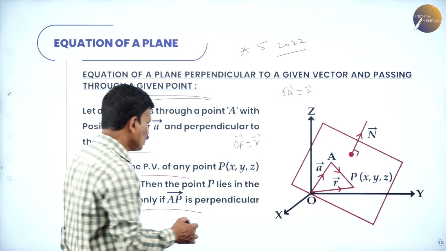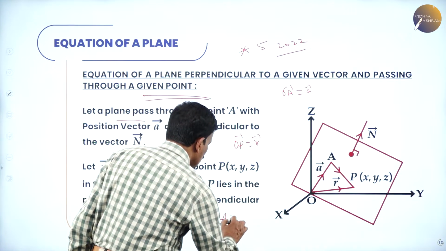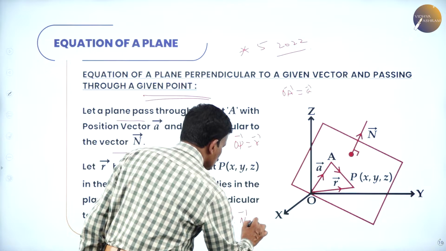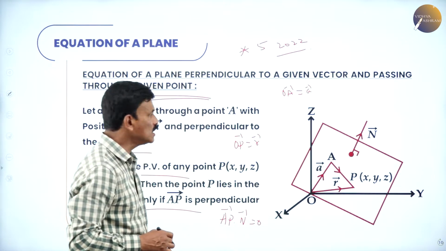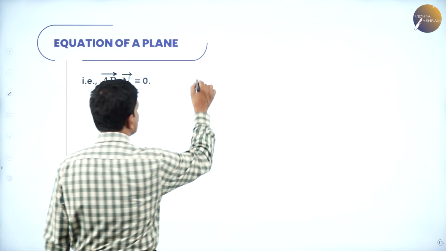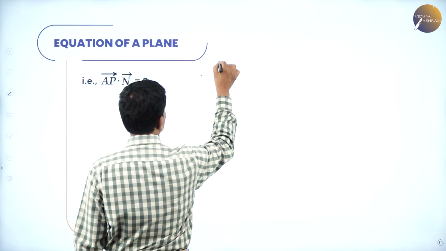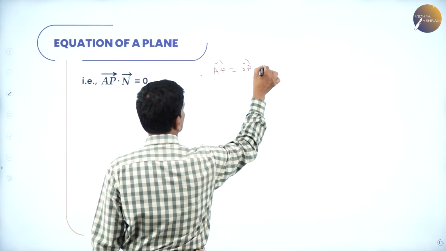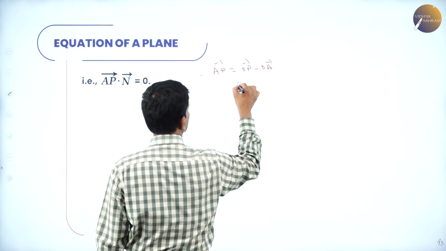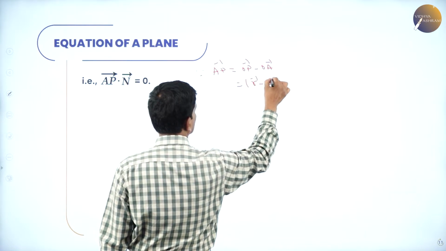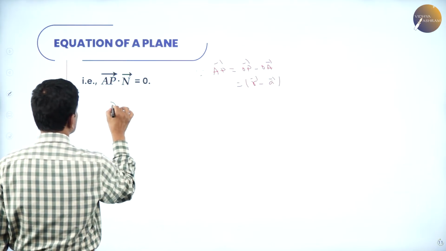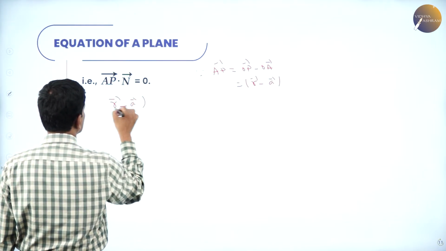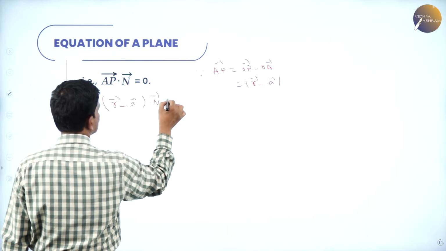What is the meaning? AP perpendicular to vector n means vector AP dot n is equal to 0. Since what is vector AP? AP is equal to vector OP minus vector OA, which is vector r minus vector a. So this is (vector r minus vector a) dot n equal to 0.